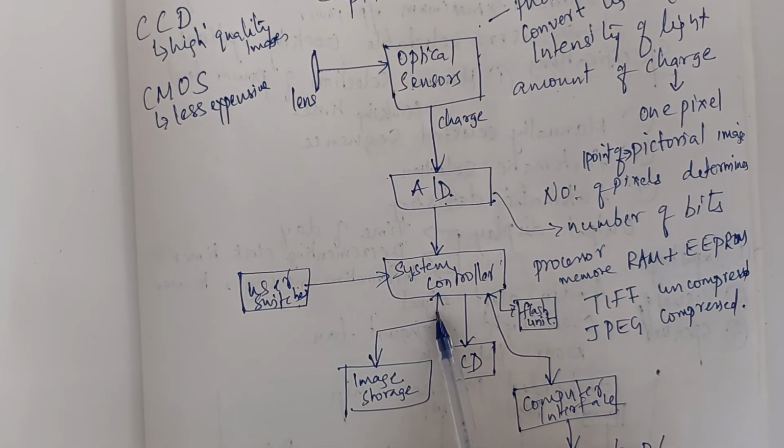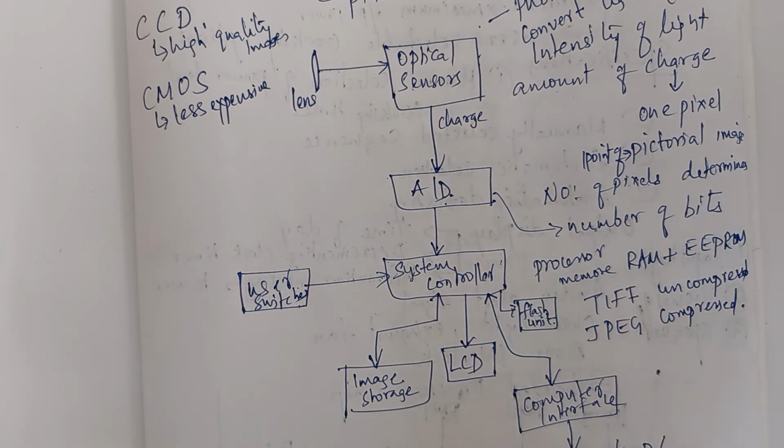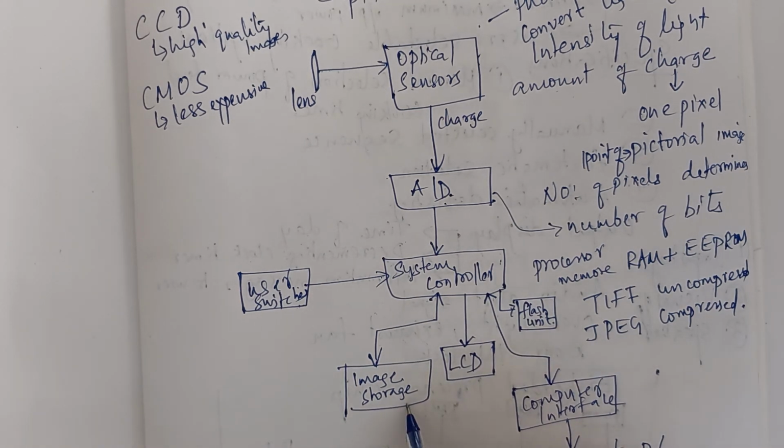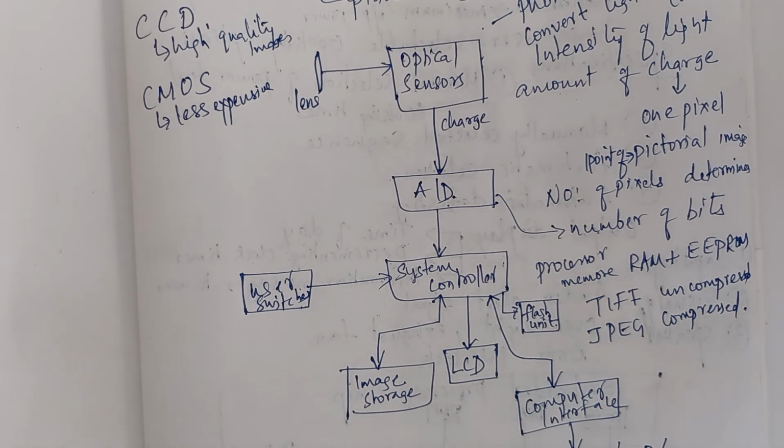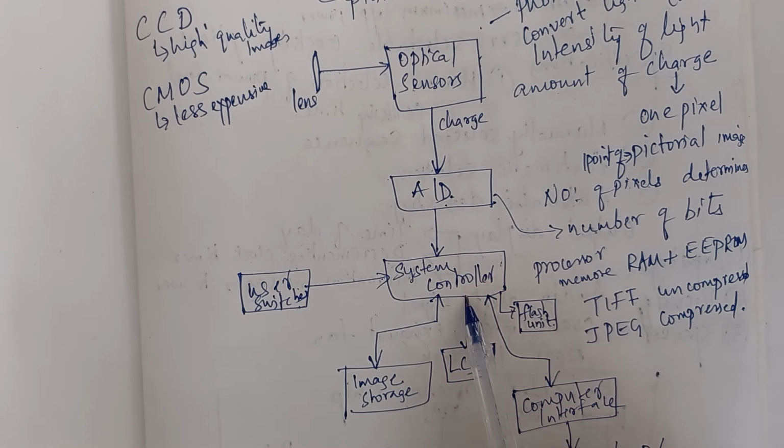After processing, the images should be properly stored, in image storage such as a flash unit, a hard disk or a floppy disk, etc. And we should be able to see the images.